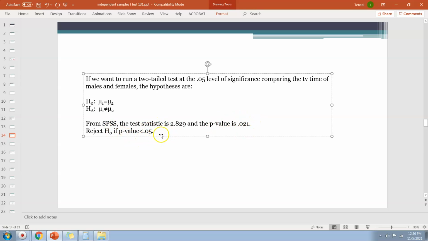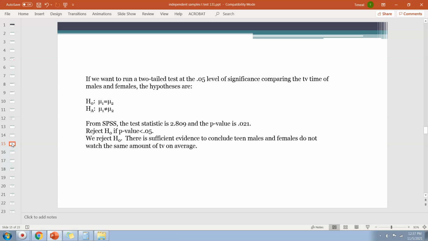And we're going to, as always, reject H0 if the p-value is less than alpha. Alpha in this case, we're using 0.05. And here our p-value is less than alpha, which means that we are going to reject H0.